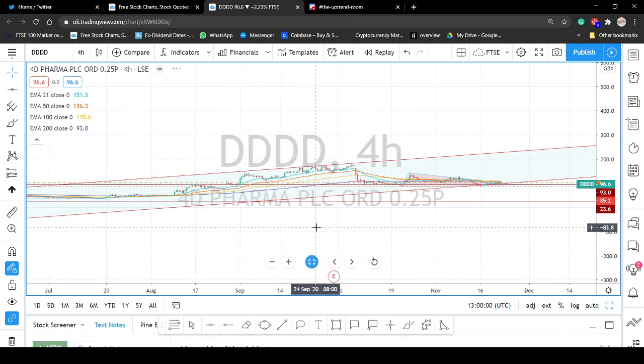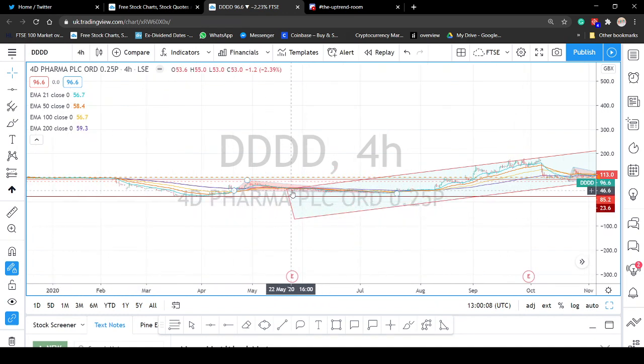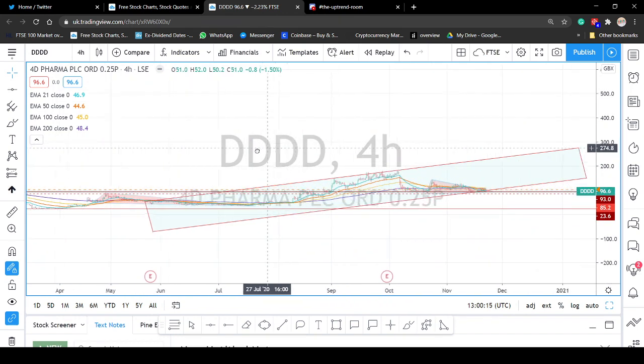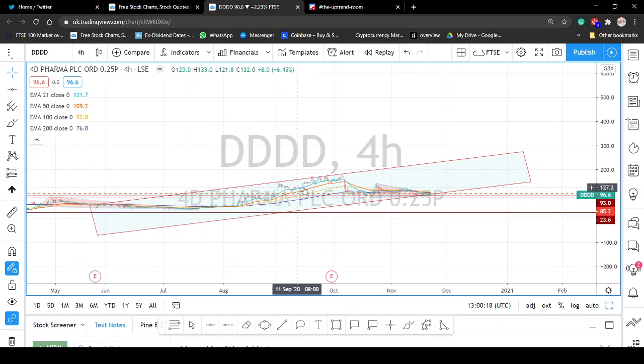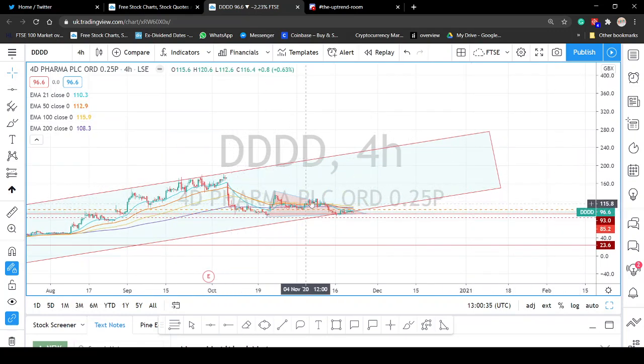When we screw down to the 4 hour, we can see that price came in to these levels here and gave us multiple touches, and then gave us even more touches along these levels here when price started testing them, and then sold off, consolidated, and now it's been in a descending triangle, as we can see.